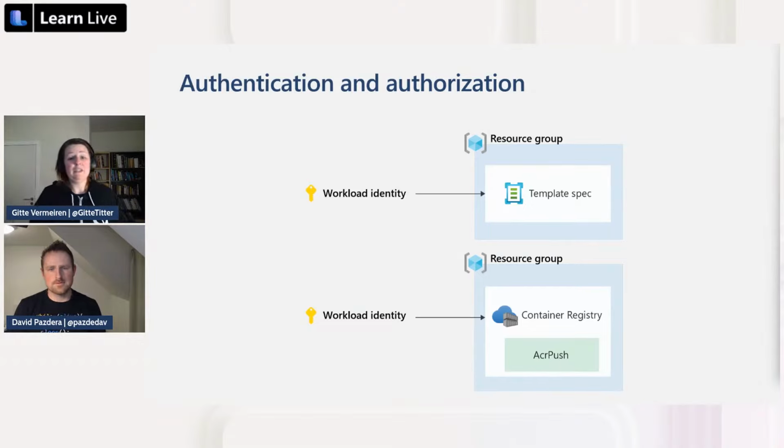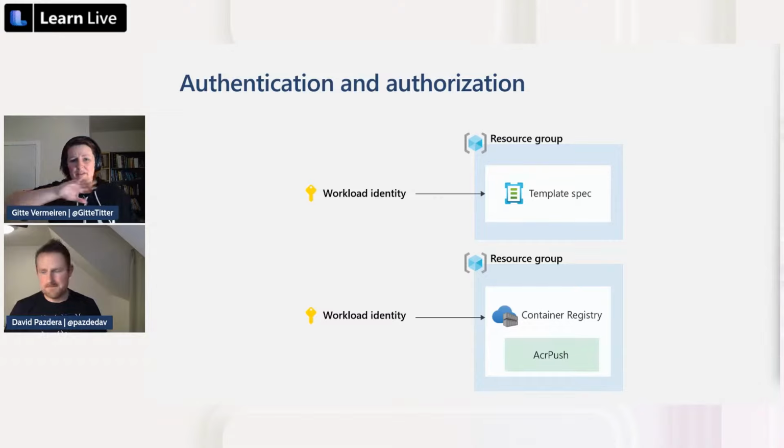And if you take the principle of least privilege, if you need to do a template spec publication, you only need to have permissions on that resource group. For the container registry, you need the ACR push permission towards the container registry, and that's about it, right?